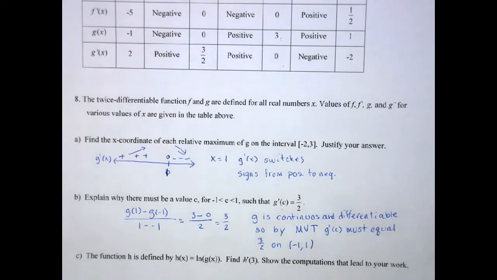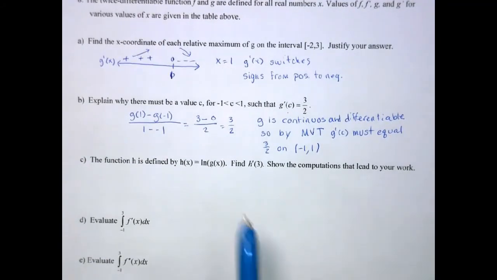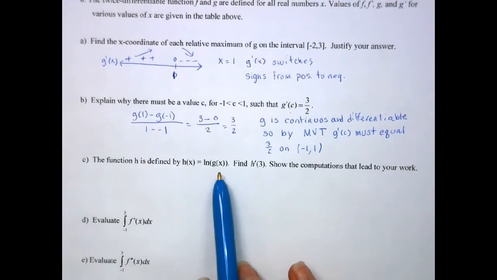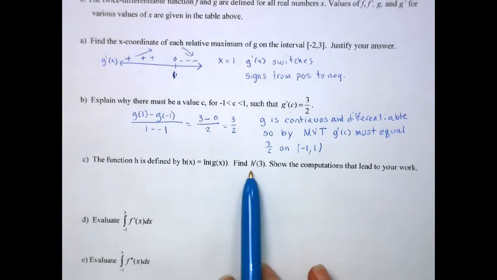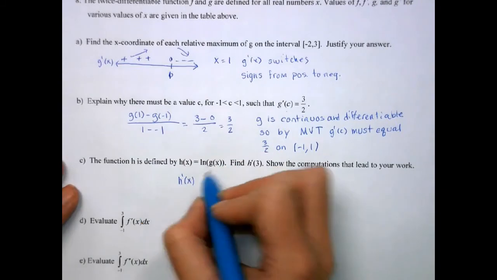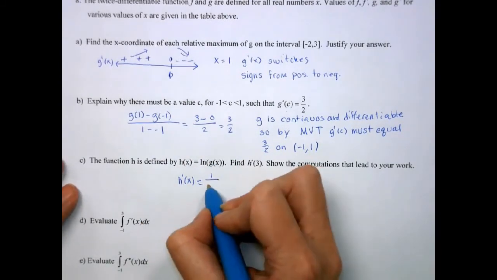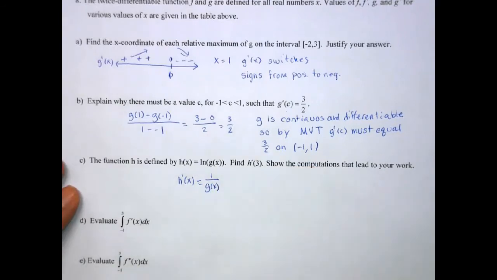All right, the function h is defined by the natural log of g of x. Find h prime of 3. So we're going to start by finding h prime of x, which is going to be a chain rule. Derivative of natural log is 1 over x, so this is going to be 1 over g of x times g prime of x.